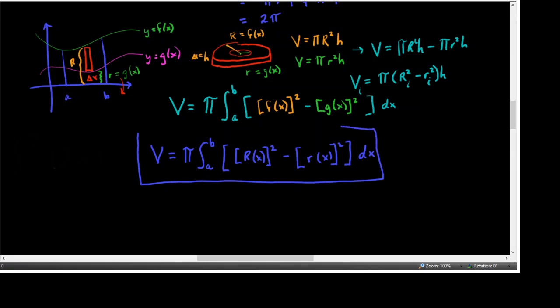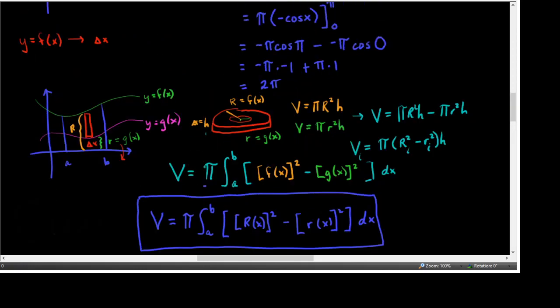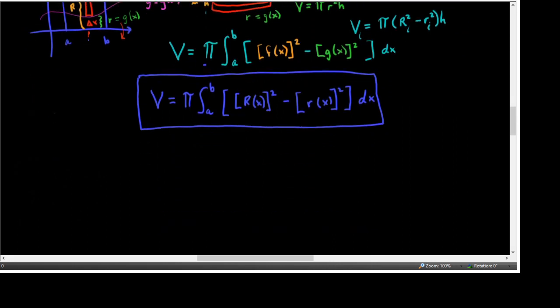And you could get a similar formula if it were a dy situation. Did I ever finish that? No, I didn't. Let me go back up here and finish what I was saying about that. If the information, however, is given in the form x equals f of y, then you're going to want to use a delta y rectangle. And the formula for the volume of a washer given that kind of restriction is going to be very much like the one we just wrote down.